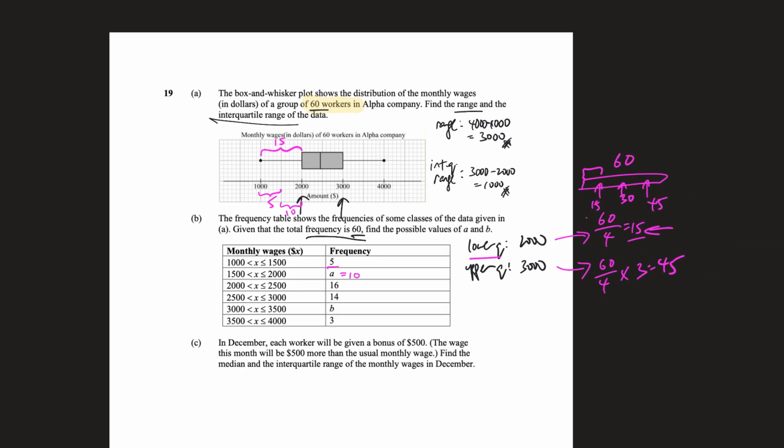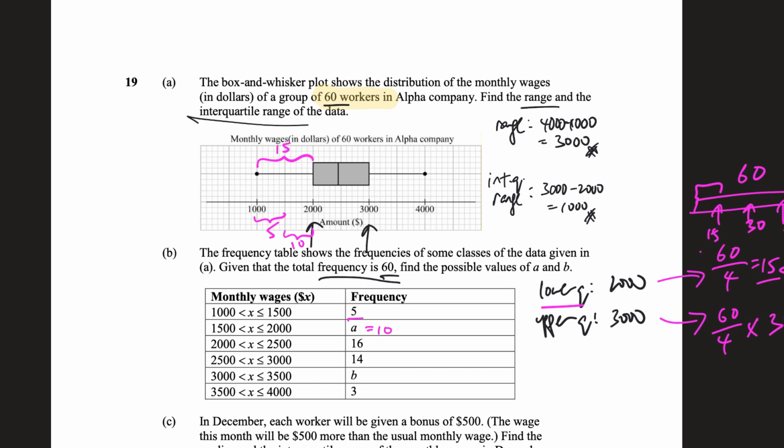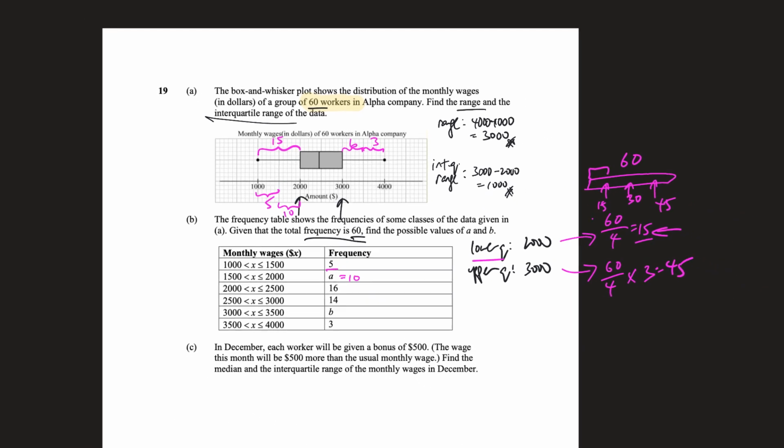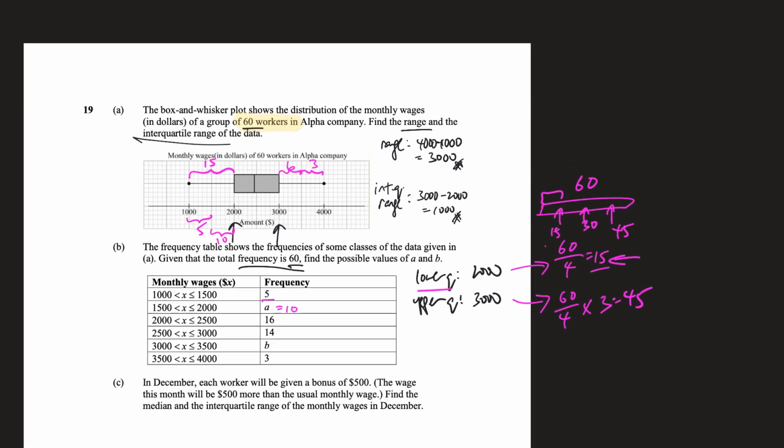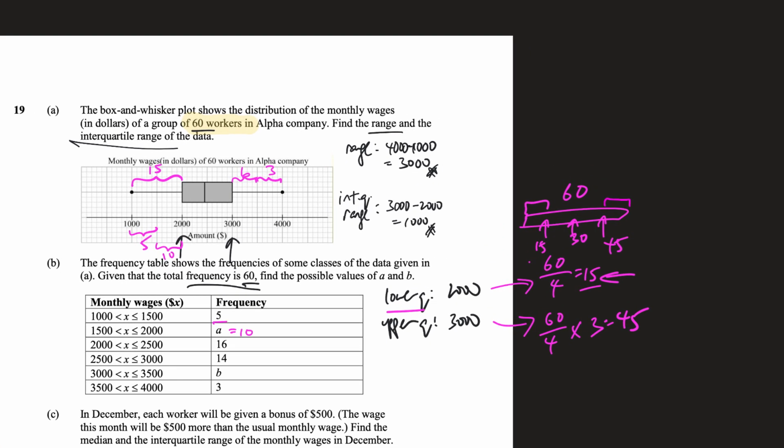Then, to find B, we go to 3000 and 3500. Between here and here, there are B workers, and between here and here, there are 3 workers. How many workers are there from the upper quartile onwards?